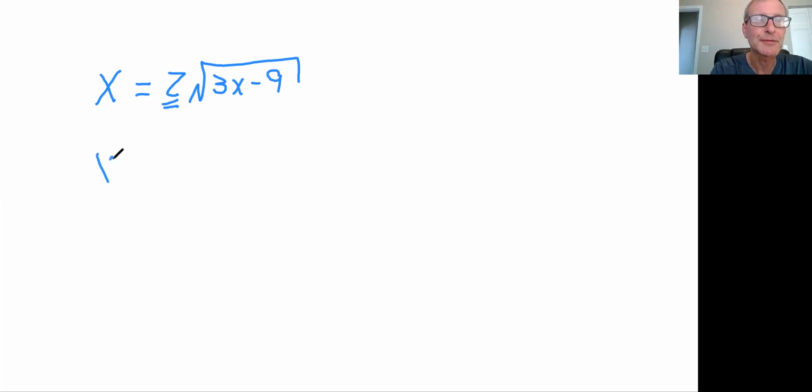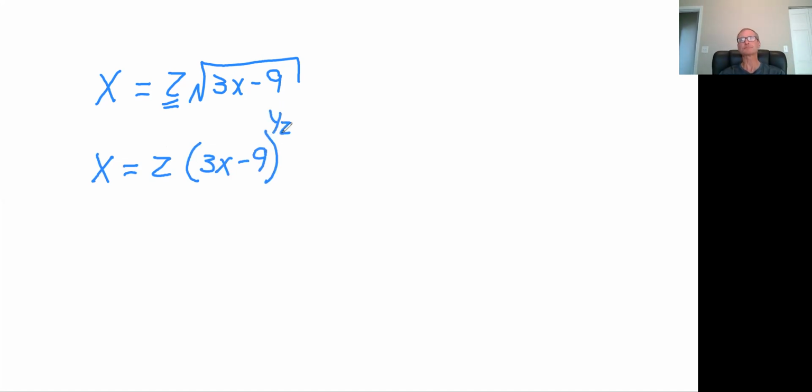With regards to rewriting this, I always like to get rid of the root sign and put the fractional exponent up there, because it helps me make sure that I do this correctly. To get rid of that, you want to square both sides.